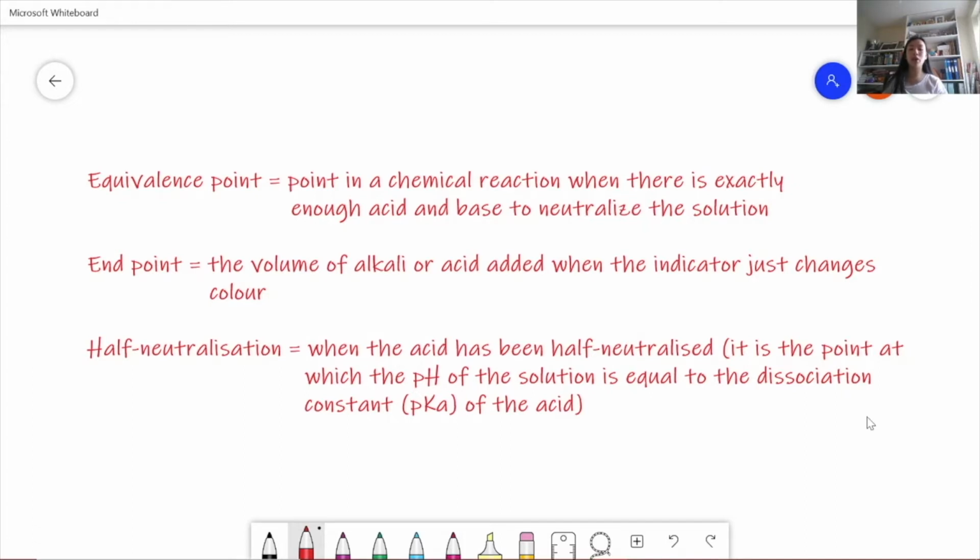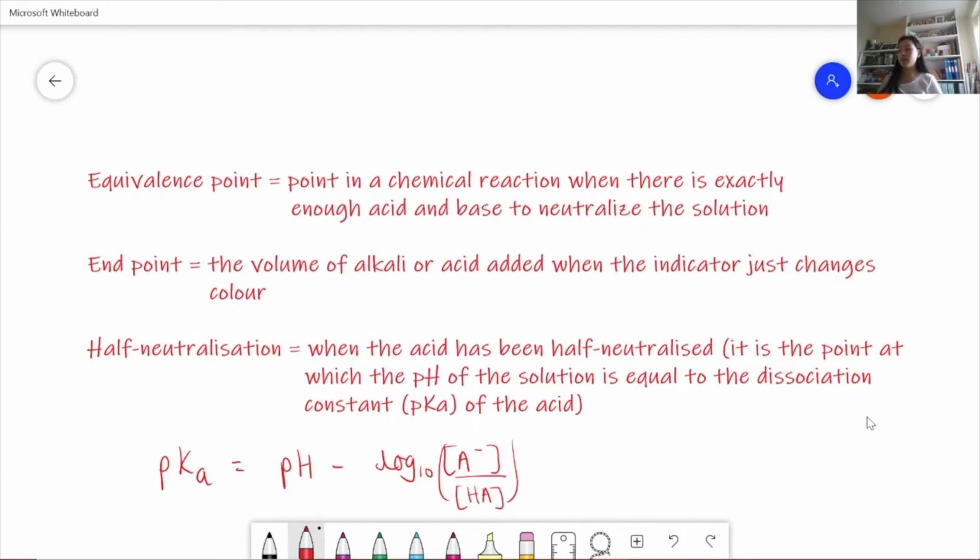And so it is the point at which the pH of the solution is equal to the dissociation constant pKa of the acid. And we know this because of the formula pKa equals pH minus the log to the base 10 of the concentration of A minus over the concentration of the acid.